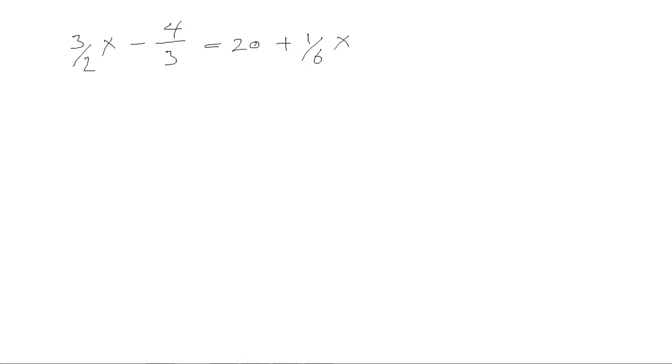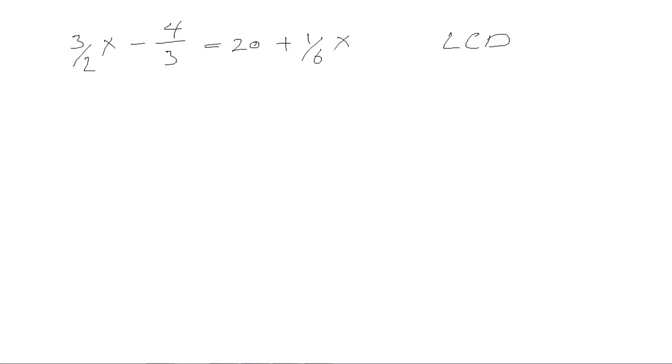If you're solving an equation like this, first you need to get rid of all the denominators. In order to do that, you have to first think about the least common denominator among them. What is the least common denominator among 2, 3, and 6?